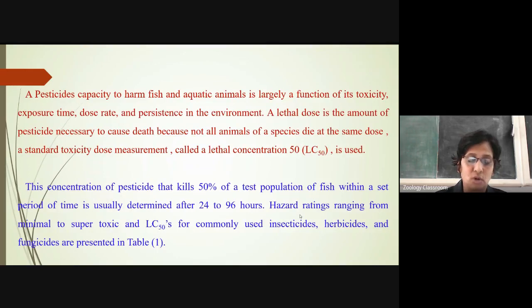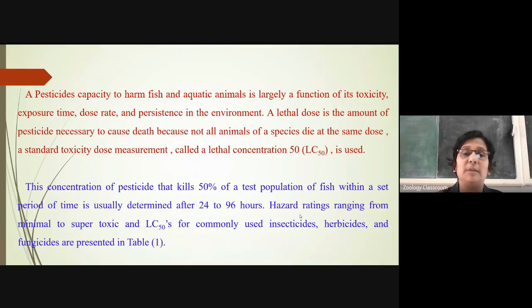Okay, so the capacity of a pesticide to harm fish as well as aquatic animals is largely a function of its toxicity, exposure time, dose rate, and persistence in the environment.